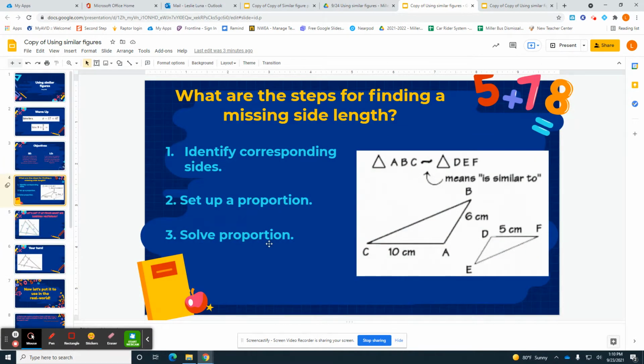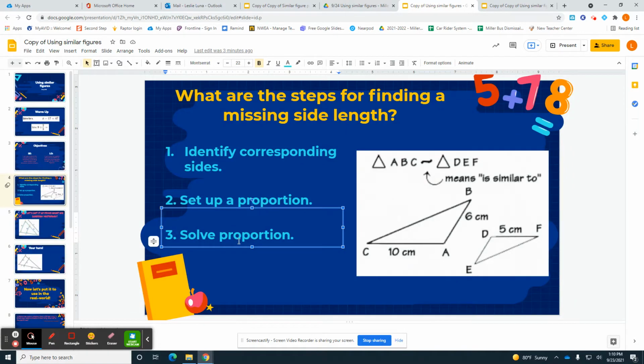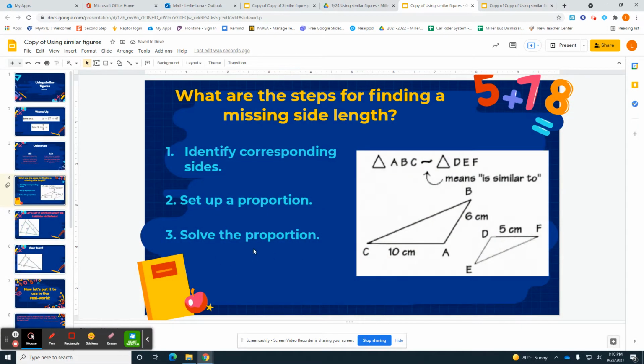Okay. And then the third step would be solve the proportion. And remember, to solve the proportion, you're going to cross multiply and divide. Okay. So those are your steps.